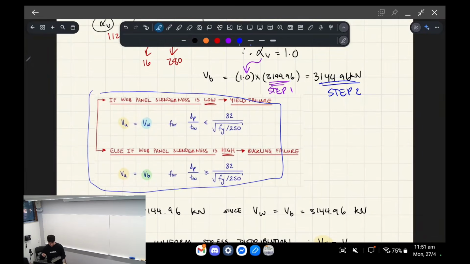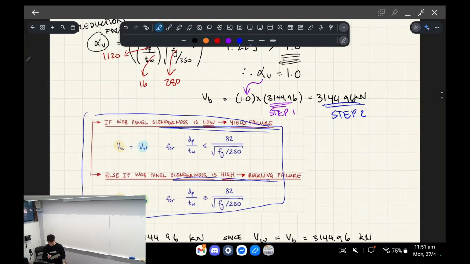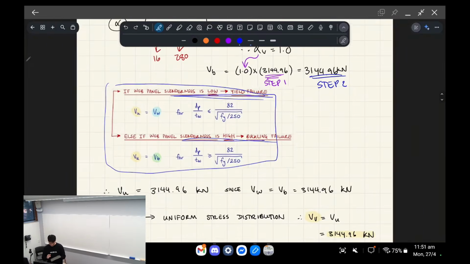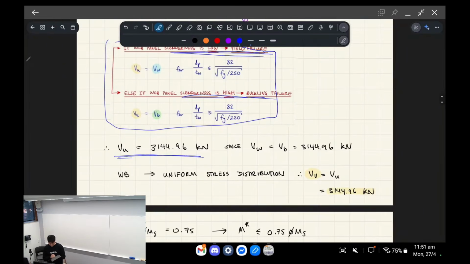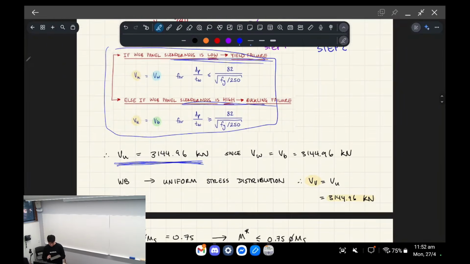One is if your web panel doesn't buckle, then it yields. But if your web panel does buckle, then you take the buckling capacity, right? But here it doesn't matter because step 1 and step 2 are the same. Okay, so either way, your Vu, which is your step 3 value, is the same. Okay, so that's Vu.